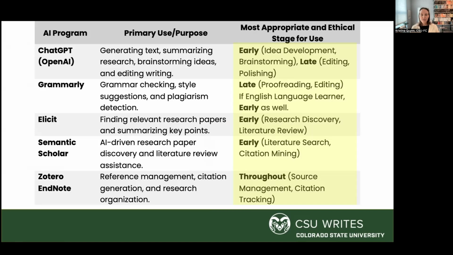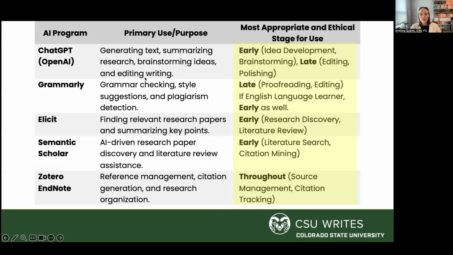Grammarly, if you use Grammarly, I know a lot of faculty, graduate students, and postdocs on campus use it and have historically. It is now much improved from where it was before. It can do text generation as well, but historically it's been used for proofreading and editing. You can use it early on as well, but my recommendation is to continue using it as a kind of grammar check or style suggestions.